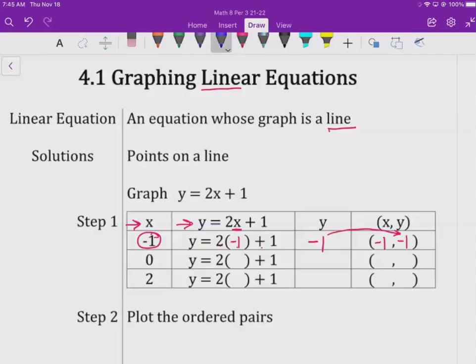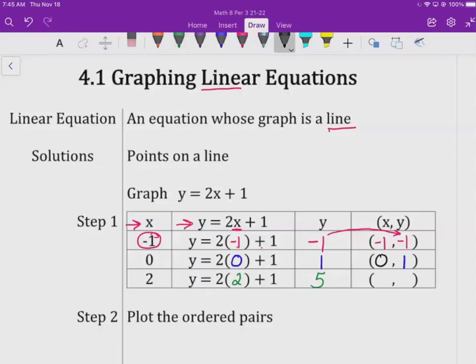Okay, so we'll do it again. We have x equals 0, so we're going to plug in a 0. So we have 2 times 0, which is 0, plus 1 is 1. So we had 0, and when we plugged it in, the answer we got was 1. So then we've got 2 for x, so we're going to plug in a 2 right there. 2 times 2 is 4, plus 1 is 5.